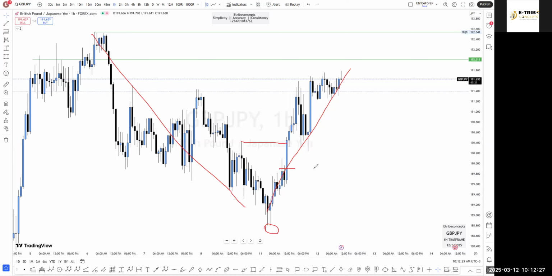Then we have this formation here, which is a type 5. Price has not consumed this. After the shift, kulikuwa na some easy liquidities hapa chini, so price went, came, gone, and right now you can see there's a consolidation here.